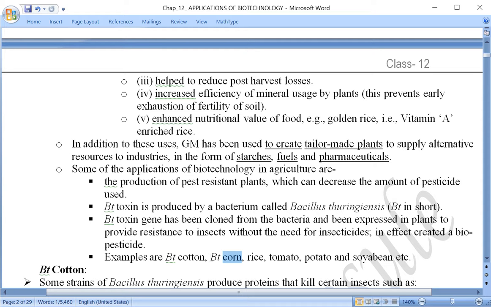We will be discussing this in a little more detail in the next topic. A subtopic of this is Bt cotton.